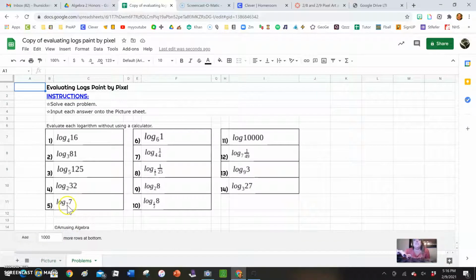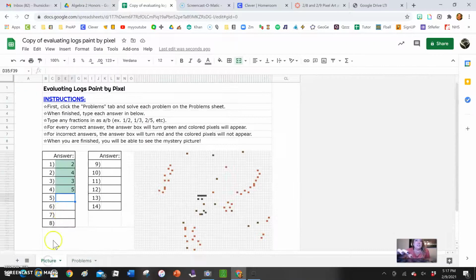Number 5: 7 to the what power is 7? So that should be a 1. Number 6: 6 to the what power is 1? Remember, anything to the 0 power is always 1. So number 5 is 1, number 6 is 0. Let's go get those typed in. Look, oh, I didn't hit enter apparently. 1 and then 0. Okay.